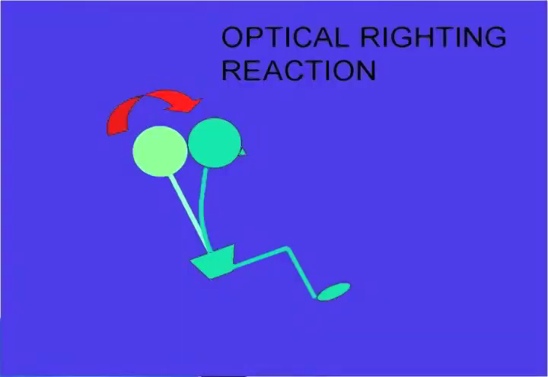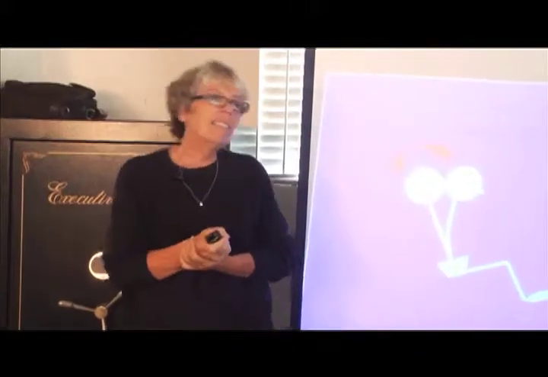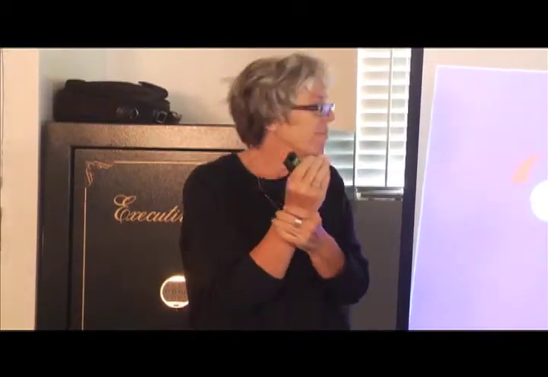Optical righting, this is also a reflex, and you know this one. It's the reason why some of us don't walk around like this, and some of us don't walk around like this. It means that we know what a horizon line is. There are 2 receptors, one in your ear and one in your eye, which means that if you're blind, you don't walk around like this either. You know what your horizon line is. A nervous system demands that the individual come up to what they consider normal, a horizon line.